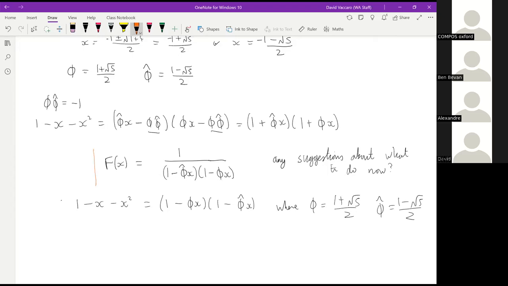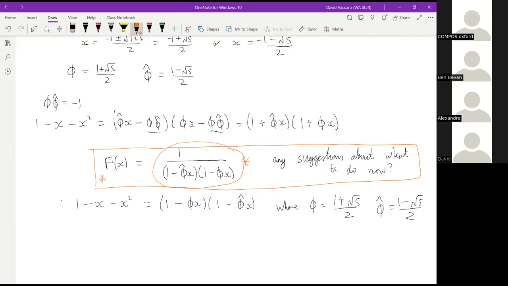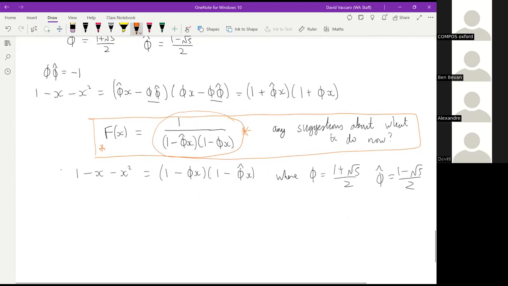So my question is, what can we do now to rewrite this expression in a format where we can more easily find the Taylor expansion? Phi and phi hat are just constants, they're just numbers.